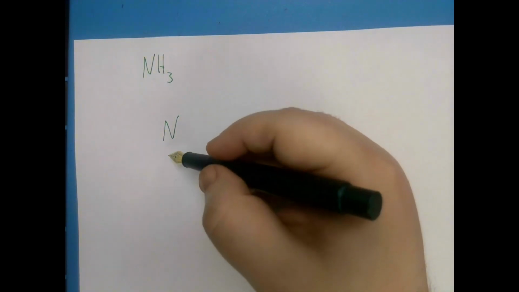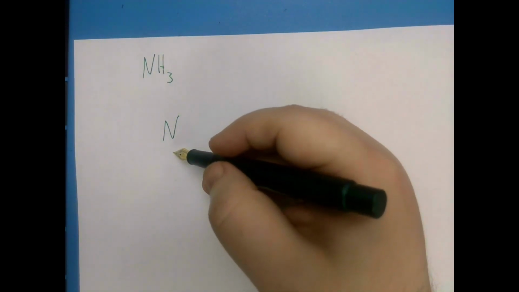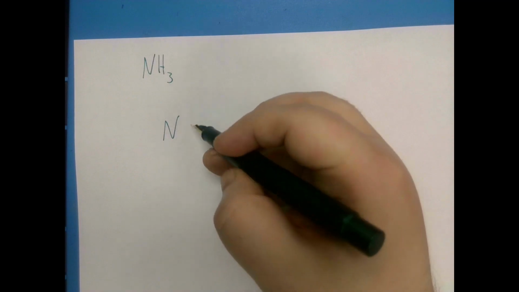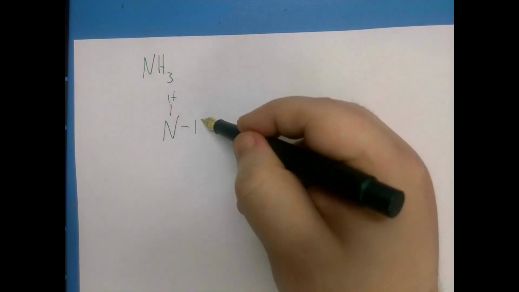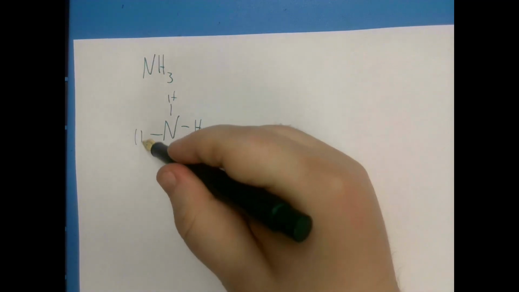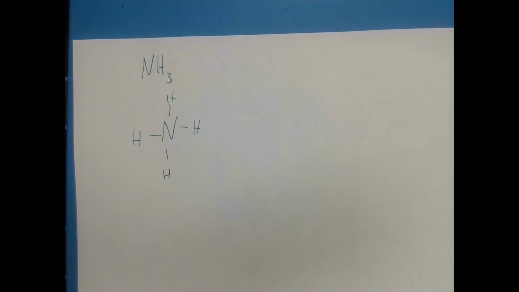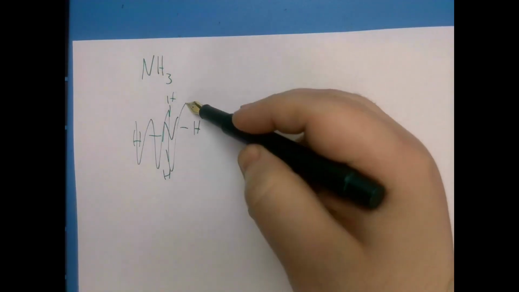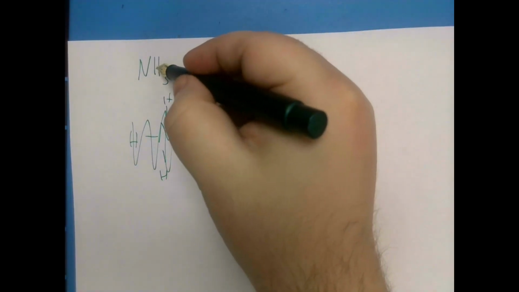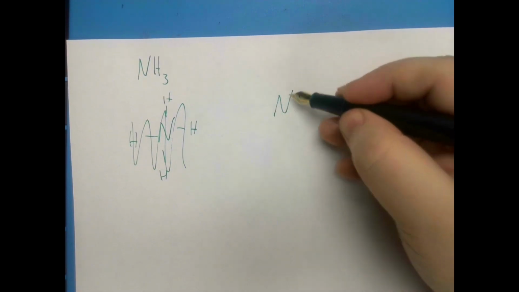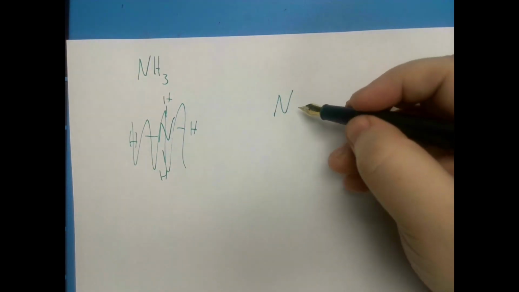Oh, that's wrong. That's too many hydrogen. You can't have them all around it. It's only 3 hydrogen. So what do we need to do?